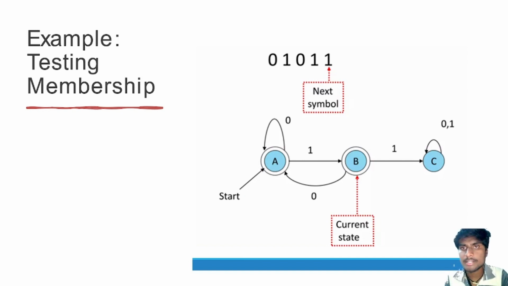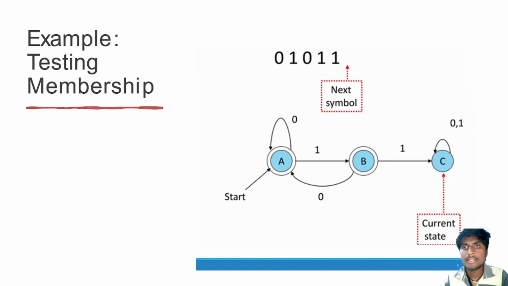If we give any language, of any length, the machine should accept the input, so we need to check all the symbols of the language. In this situation, 1 is our next symbol, but we are currently at state B. From B we can transfer to C, but C is not an end state. So this given language is not accepted by the machine.